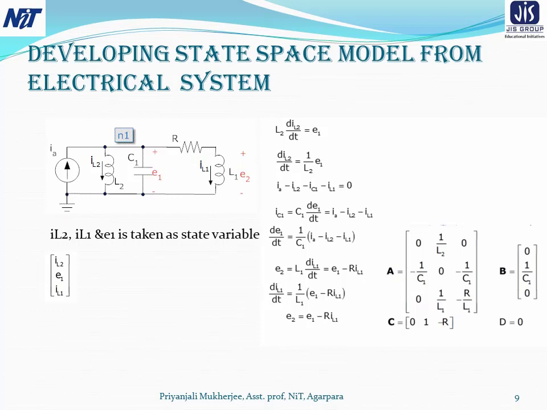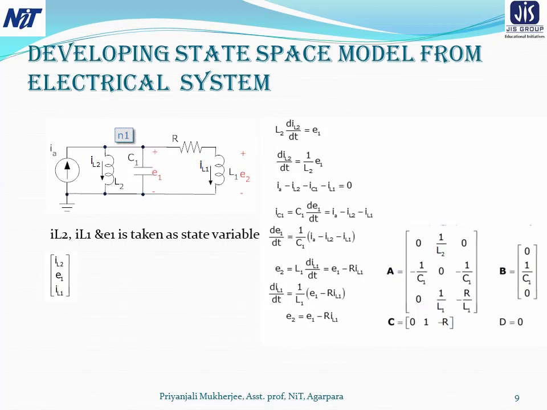And if we consider the voltage at the L1 inductor, then we can write E2 is equal to L1 dIL1/dt, or E2 is equal to E1 minus R into IL1, so dIL1/dt becomes 1 by L1 into E1 minus R IL1.